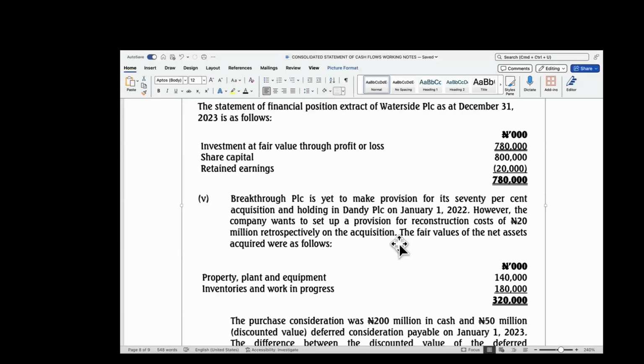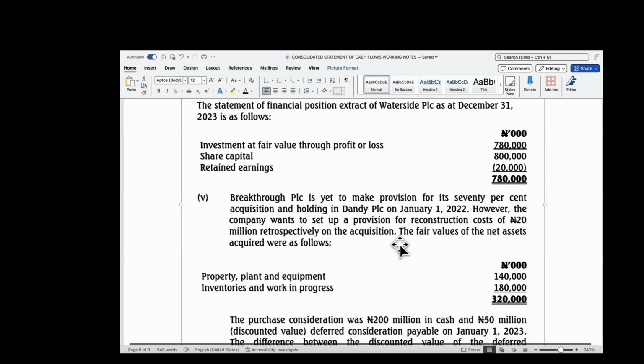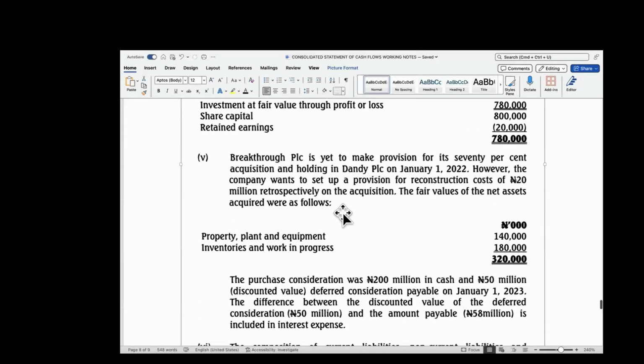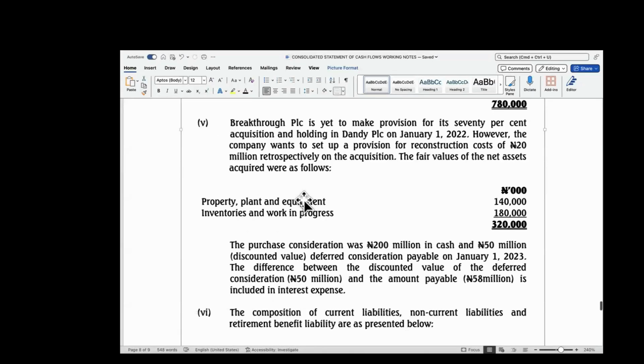So that means this guy acquired the subsidiary during the year, and they have not even accounted for it. It's in the books, but it's yet to make provision for its acquisition. Whatever it is, the company wants to set up provisions for this 20 million, which has no cash implication at all.